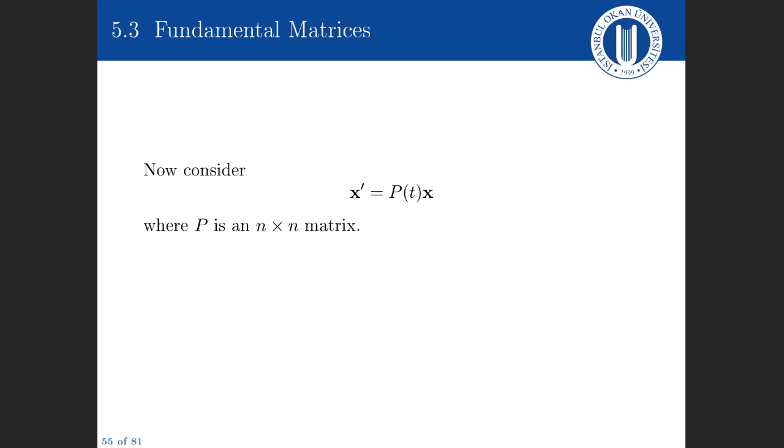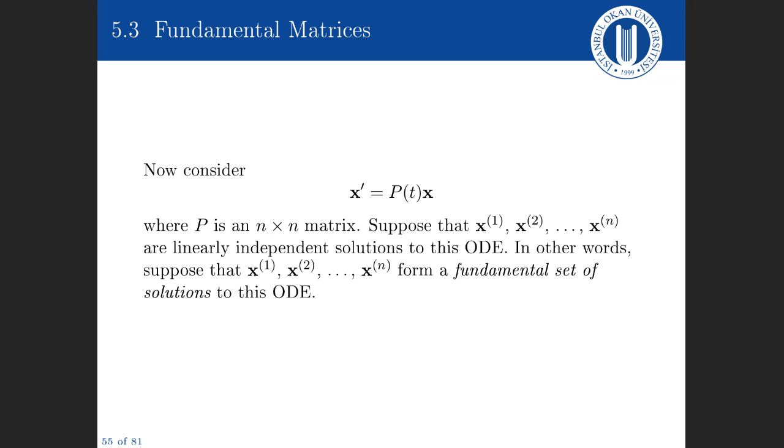In this section, we're going to consider the homogeneous equation x prime is equal to P(t)x, where P is now an n by n matrix function. We're going to suppose that we know n linearly independent solutions to this differential equation. In other words, we're going to suppose that we have a fundamental set of solutions.